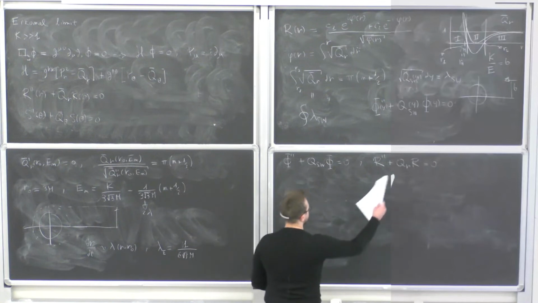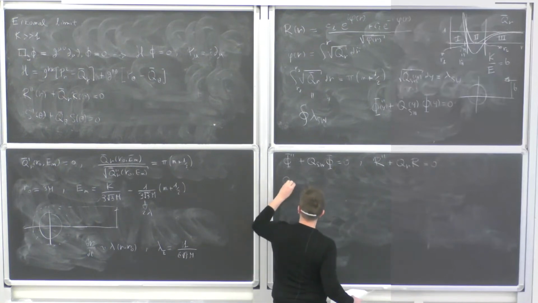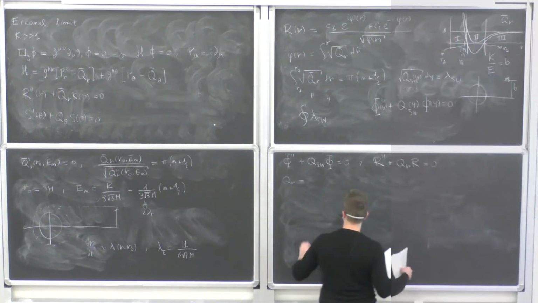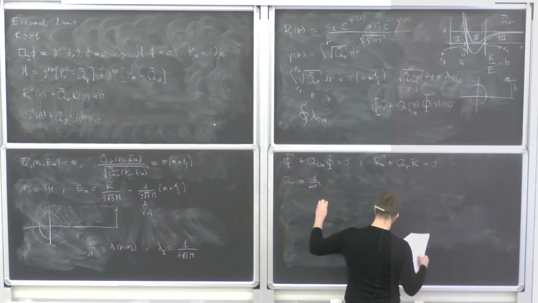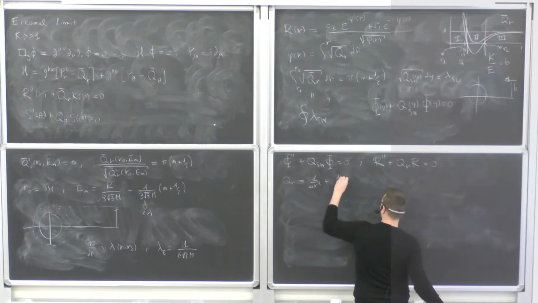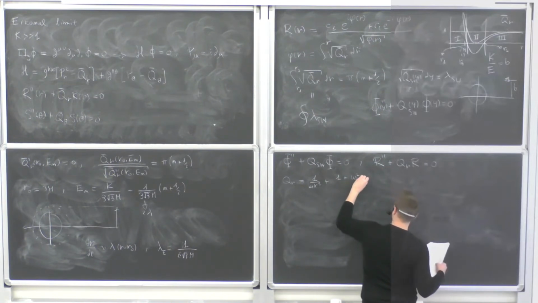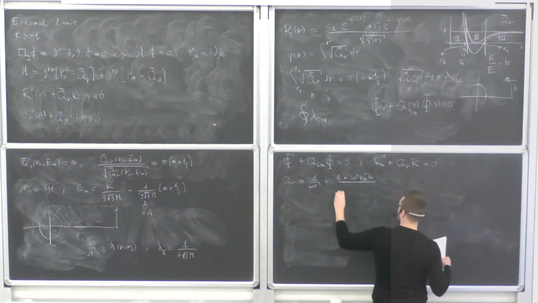For the Schwarzschild black hole, you can write Q of R in this somewhat lengthy way.